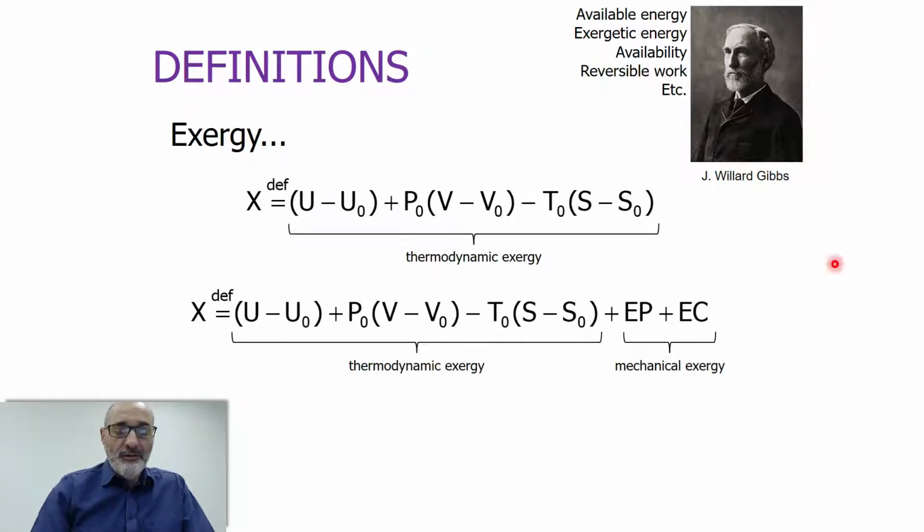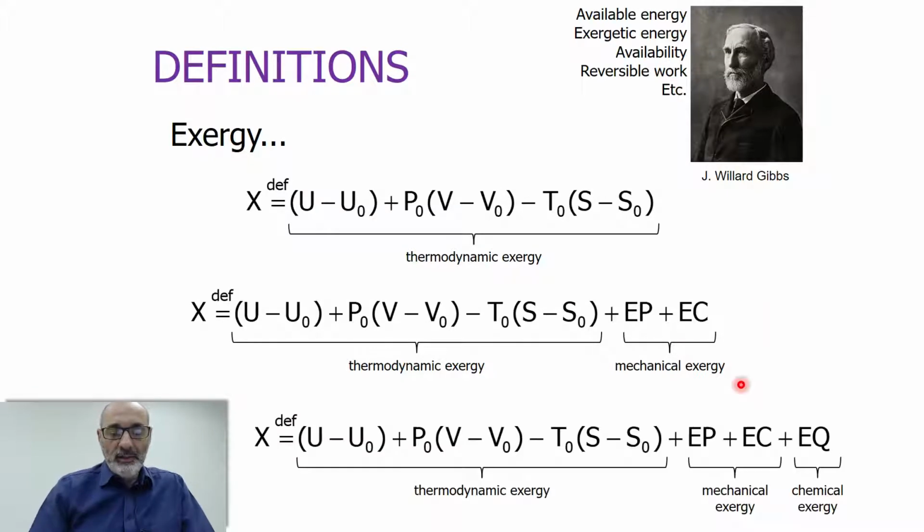So if our system's center of mass has a potential energy or kinetic energy, I simply add it in the definition of exergy. And if there's a difference in terms of chemical composition, I can add another term here and call it chemical exergy.